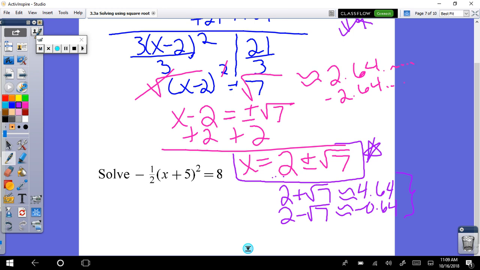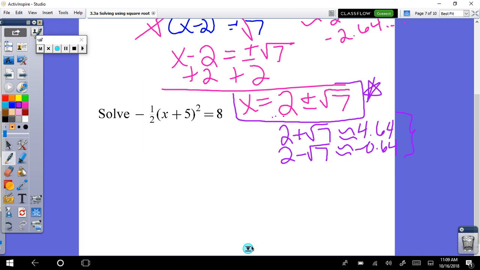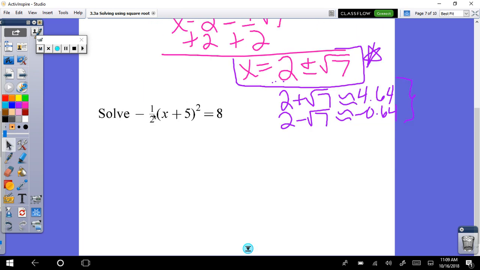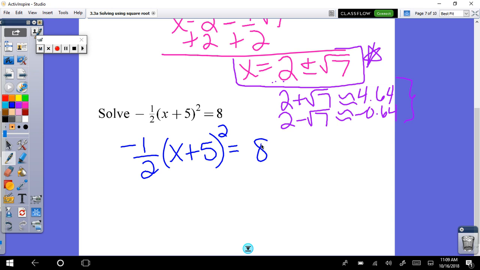All right, running out of room here. The next example includes a fraction up front. So this was a reminder of what to do when we have a fraction. So I want to get this x plus 5 squared by itself. So I want to change this negative 1/2 into just a 1 so that this expression is by itself.